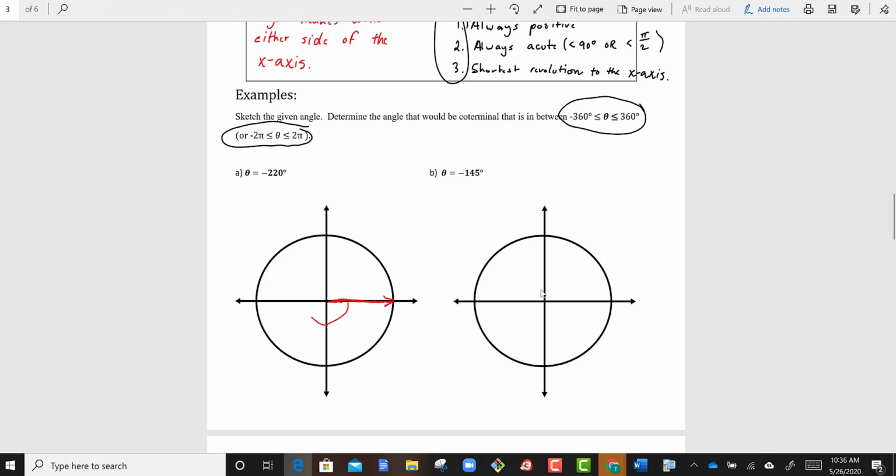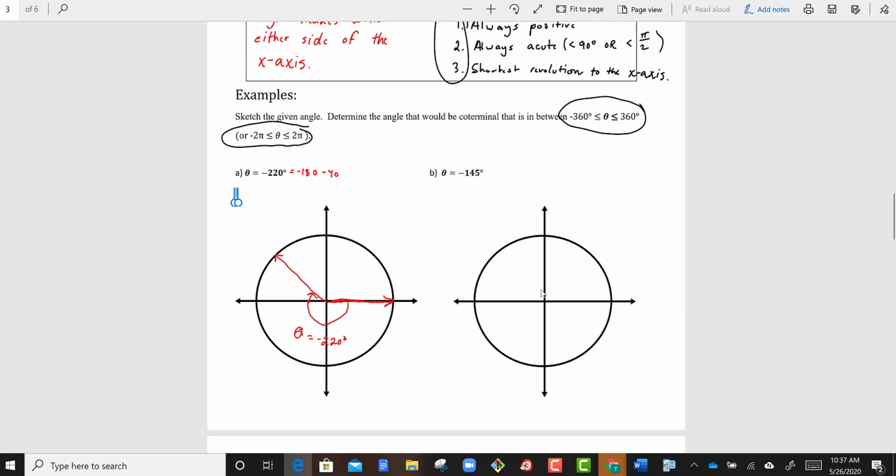That's 90. That's 180. So really negative 220 is the same thing as negative 180 plus an extra negative 40 degrees. So here's my given angle, negative 220 degrees.